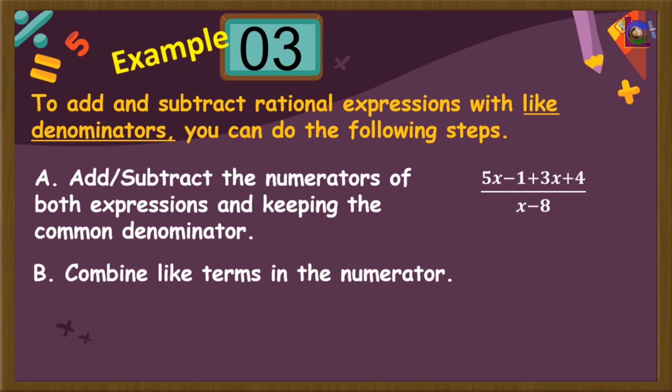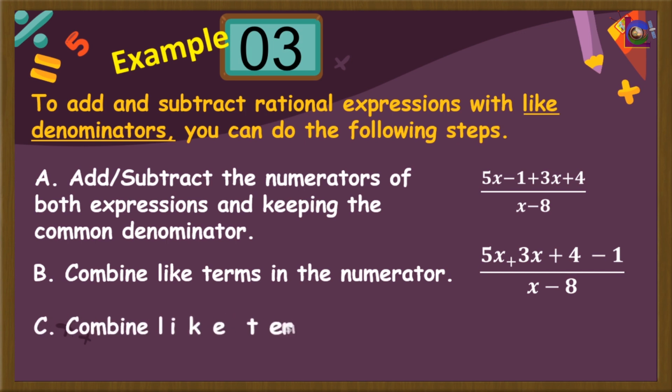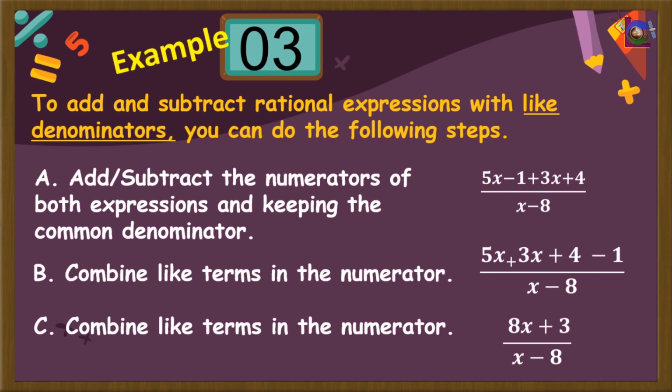So this becomes 5x plus 3x plus 4 minus 1 all over x minus 8. Letter C. Write the simplified rational expression. So our answer is 8x plus 3 over x minus 8.